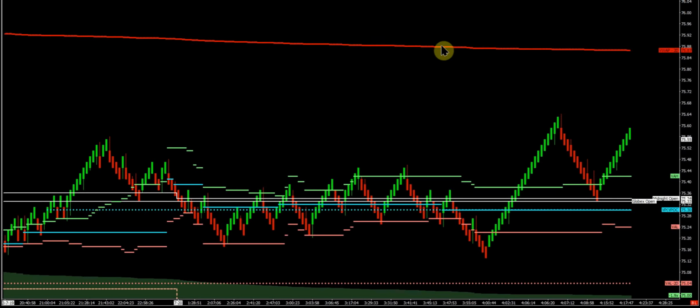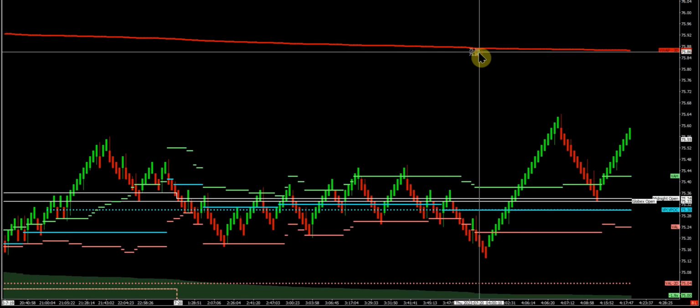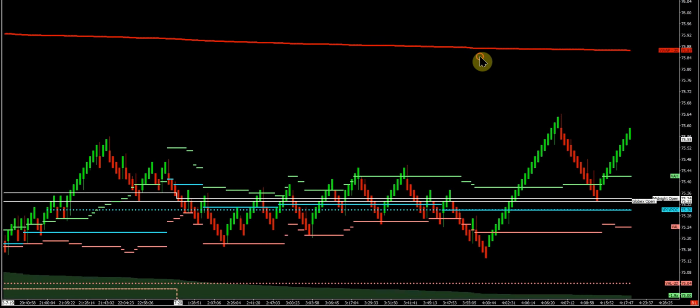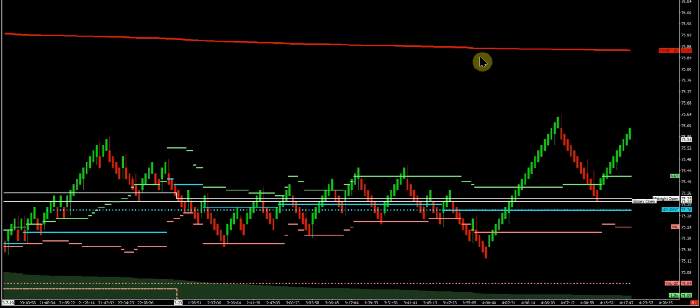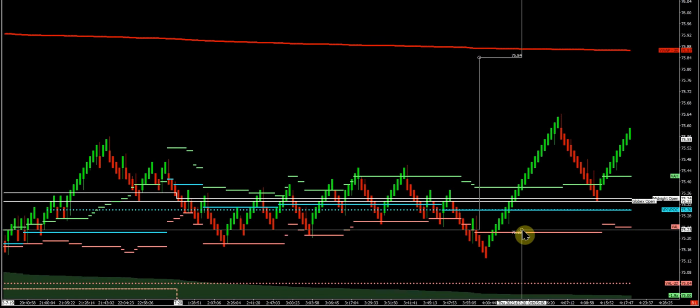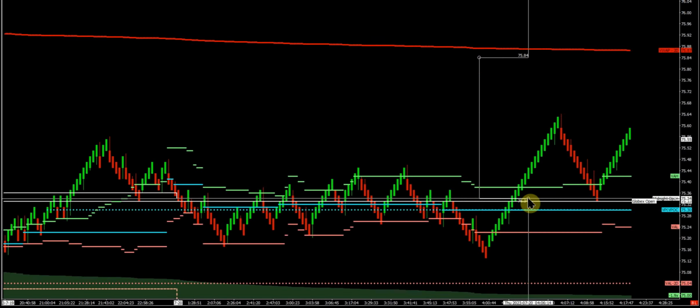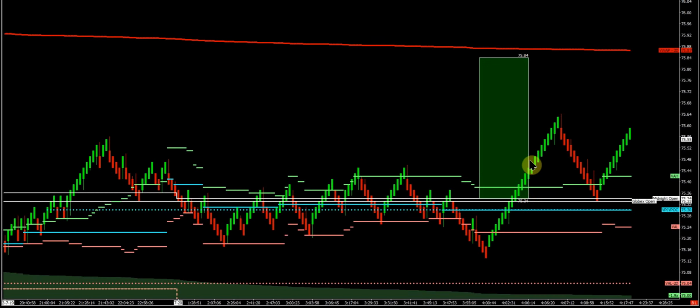So again, you're targeting your VWAP, 75.87 or say 75.84, for example. I'm pulling that number out of my butt. I don't know what the levels were for that day, but say 75.84. Okay, there's a $500 move right there, right?